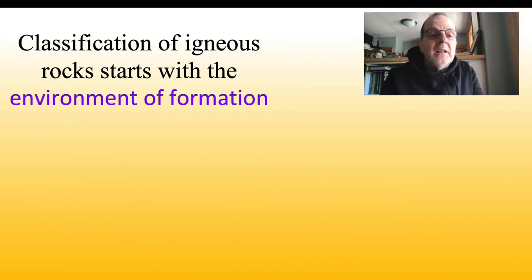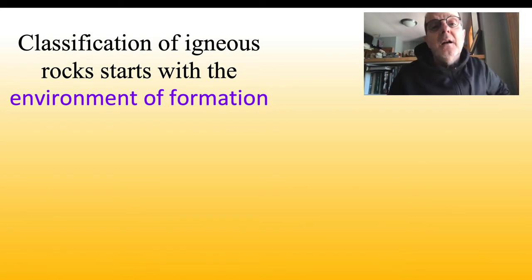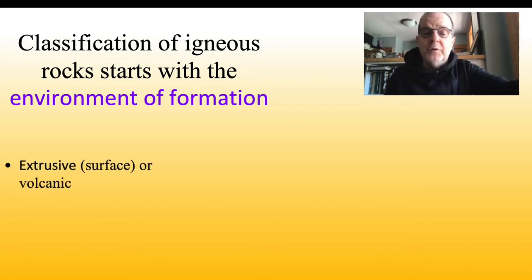Classification of igneous rock starts with the environment of formation. Where did that rock form? Extrusive means it formed at or near the surface of the earth, and we consider that to be volcanic rock.